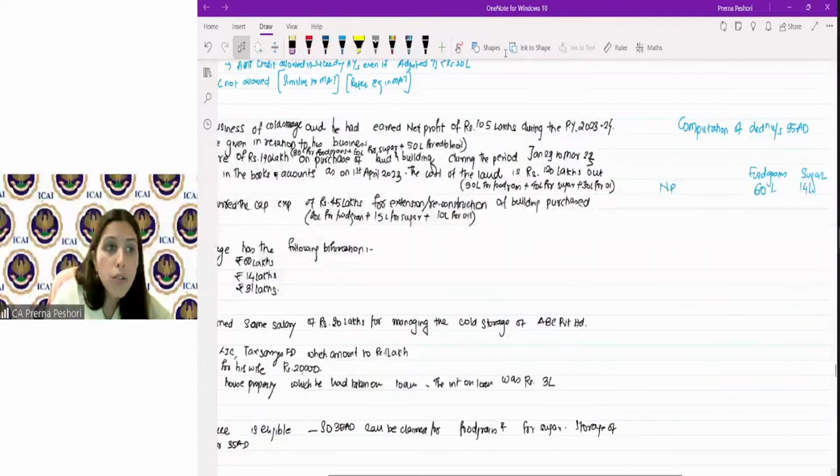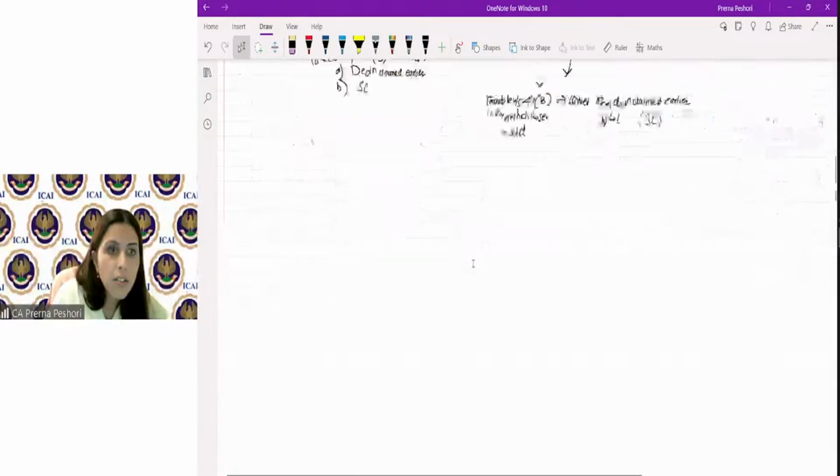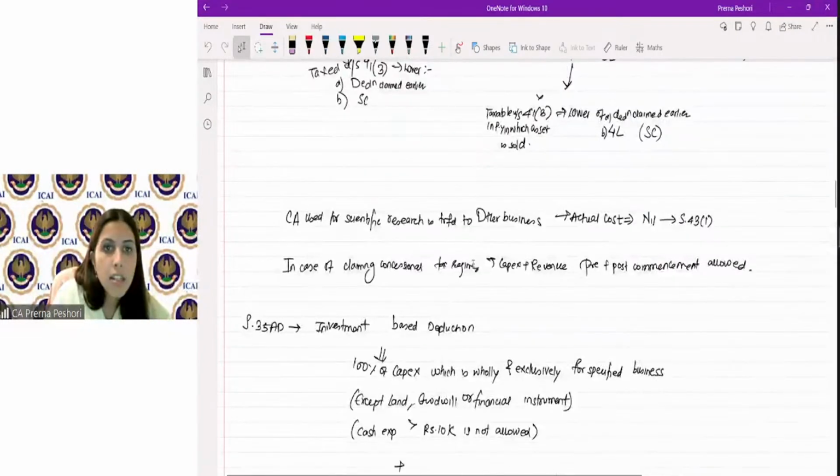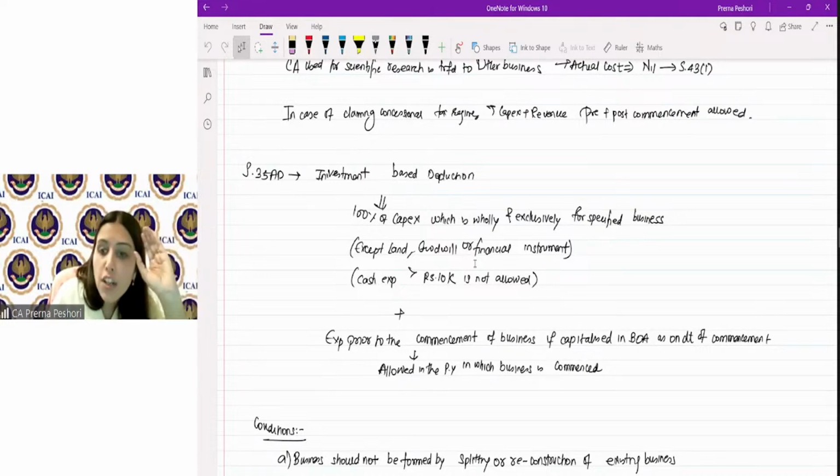If you go back to your specified deductions, sector specific, which I had given you under PGBP, we had discussed 35AD. So 100% of the capital expenditure which is wholly and exclusively for the specified business is allowed as deduction under 35AD, except land, goodwill, or financial instrument.